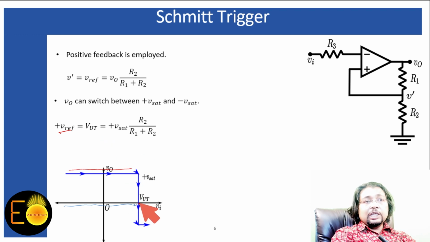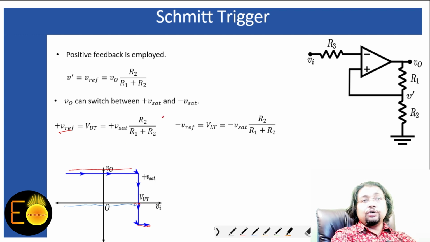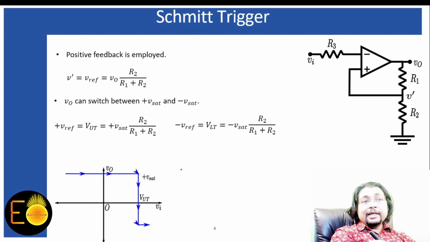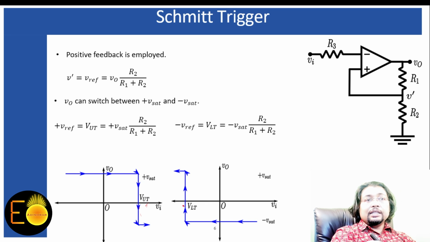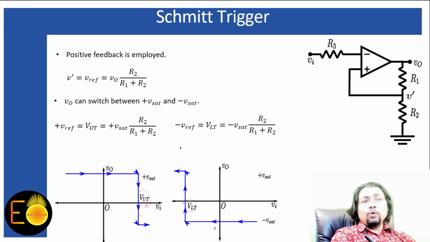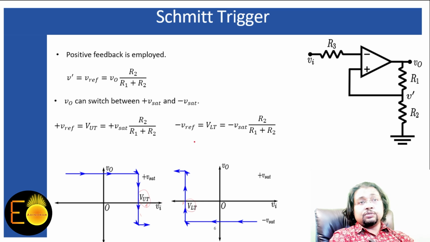Whenever the input voltage is just greater than the upper threshold voltage, the output jumps to minus Vsat. And when the output switches to minus Vsat, this threshold voltage vanishes and a new threshold voltage is established. Right now, you don't have the plus reference voltage. Instead, you have this negative reference voltage, which I have denoted as the lower threshold voltage. The lower threshold corresponds to the minus Vref that I have shown you.